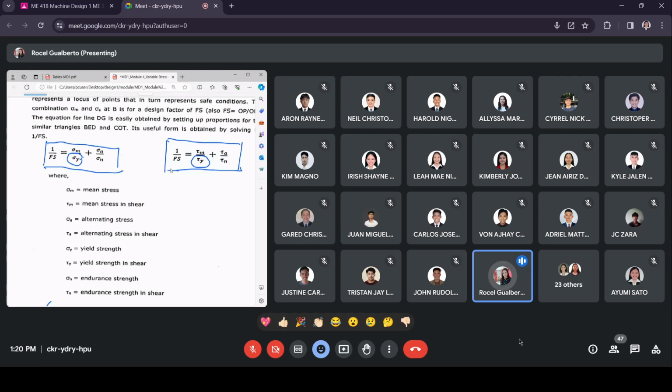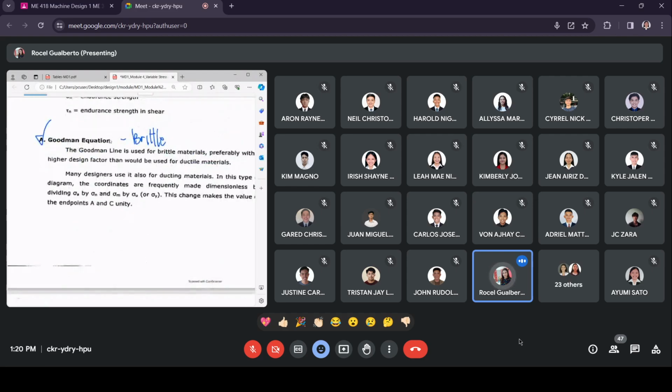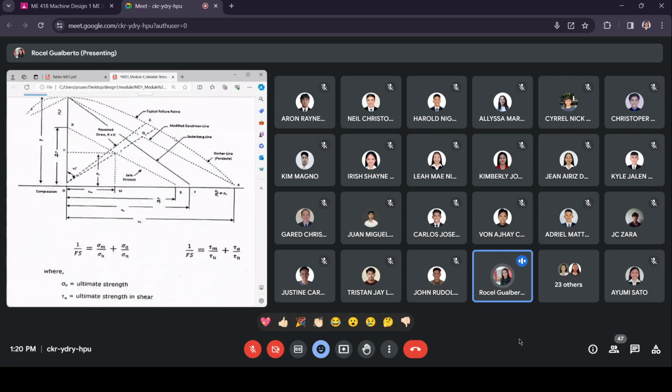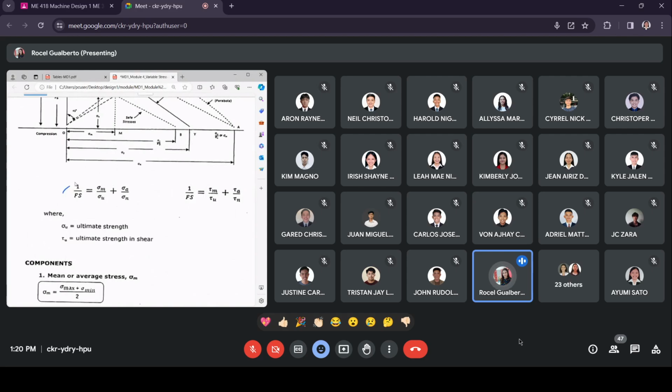On the other hand, Goodman is used for brittle materials. So take a look at the equation for Goodman. Here, what we used is sigma u and tau u, the ultimate strength, because it is the basis for a brittle material.